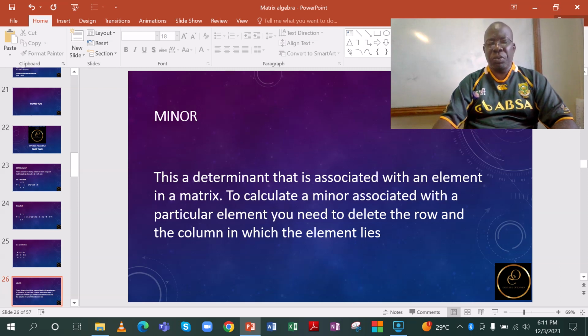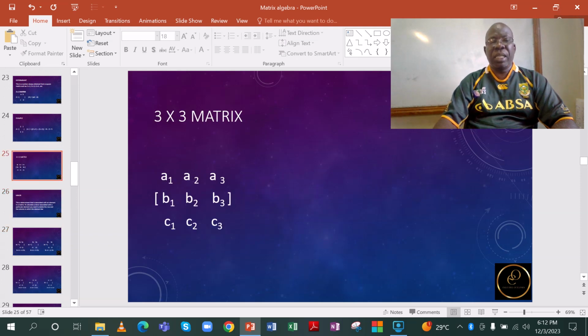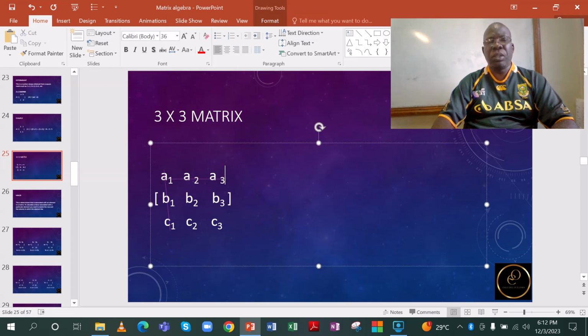So for instance, if you look at element A1, A1 is in this column, and also A1 is taking this particular row.